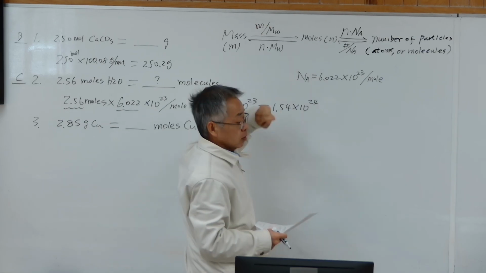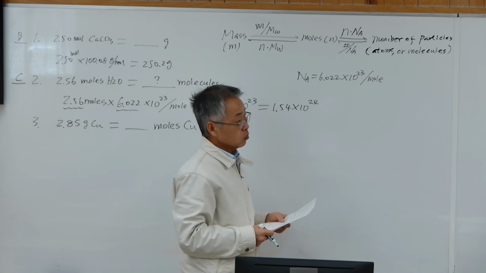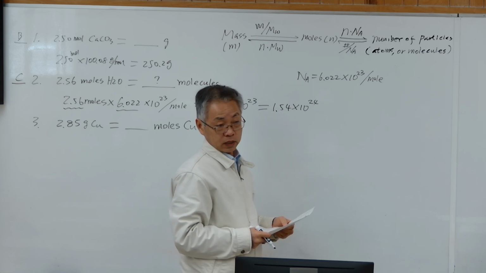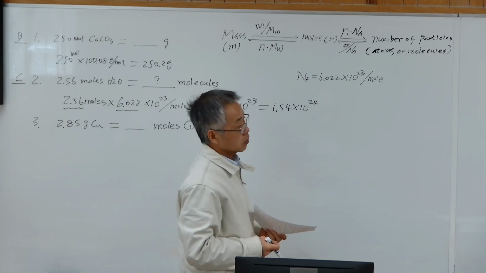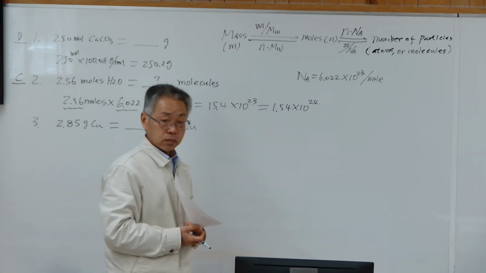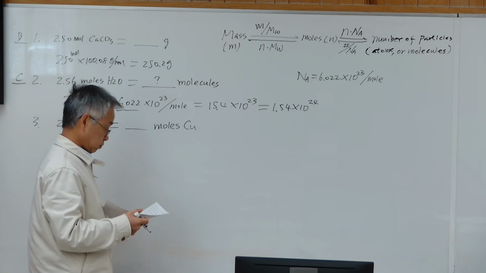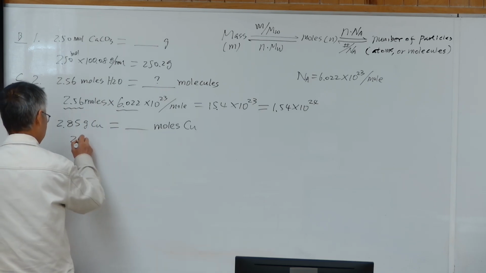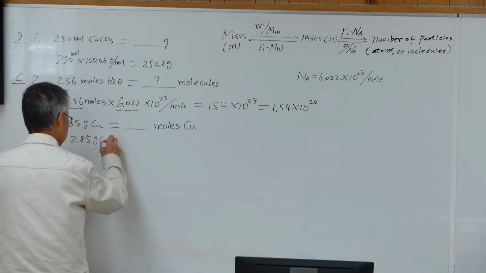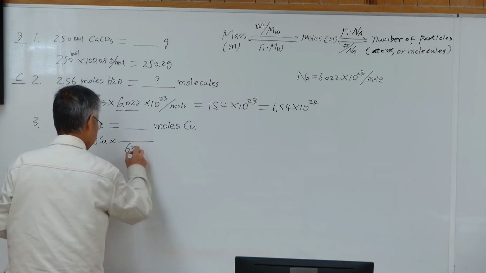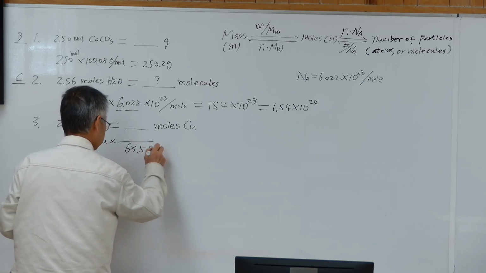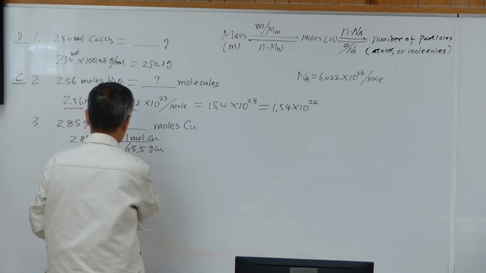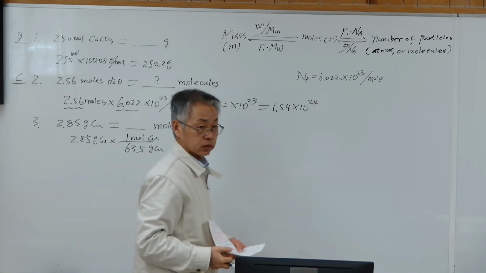Mass divided by molar mass. Then what is the molar mass for copper? Take a look at the periodic table. I provided you the periodic table. So copper molar mass is 63.5. So 2.85 grams of copper divided by the molar mass 63.5. So mass divided by molar mass.